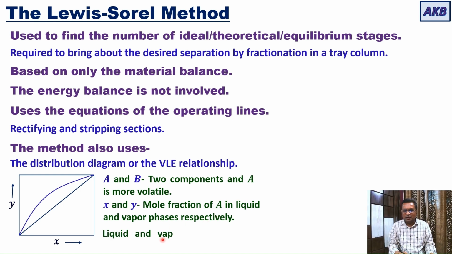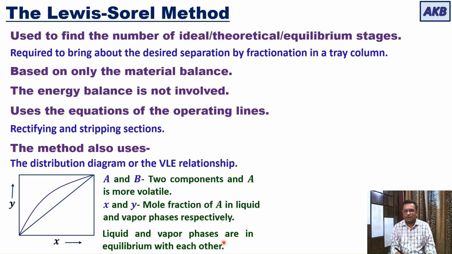And when the vapor and liquid phases are in equilibrium with each other, we are plotting mole fractions of A in the liquid and vapor phases against each other. That means every point on this curve represents an equilibrium point.